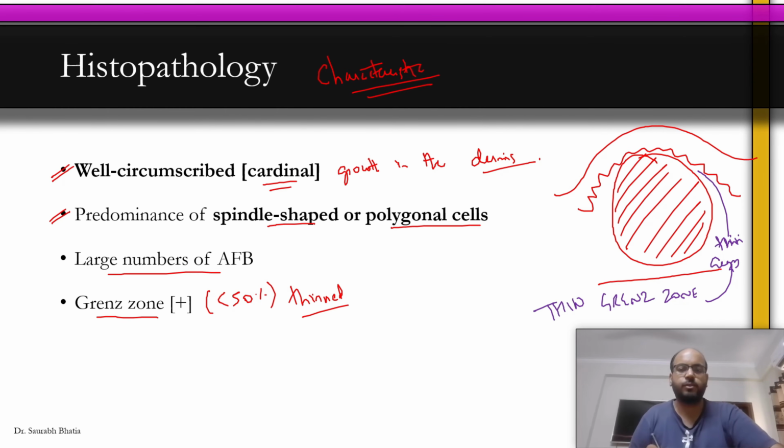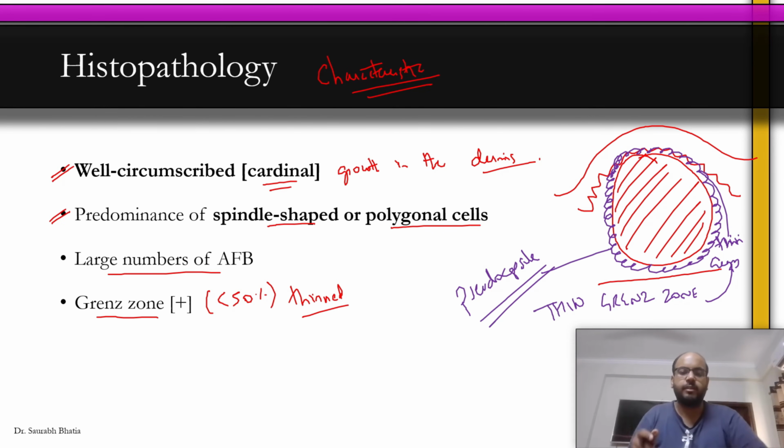Here, a thin grenz zone, and when the evolving granuloma, the well circumscribed growth, pushes around the surrounding tissue, it leads to the formation of a pseudo capsule. It's not a true capsule, it's a false capsule, because of the compression of the collagen bundles in the dermis. Clear? Let's move forward.